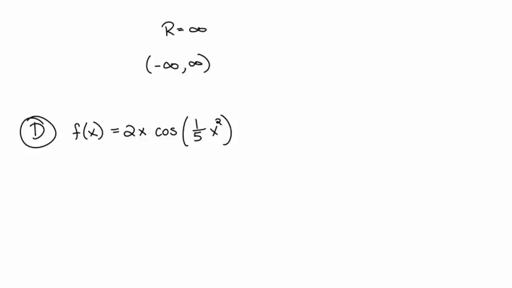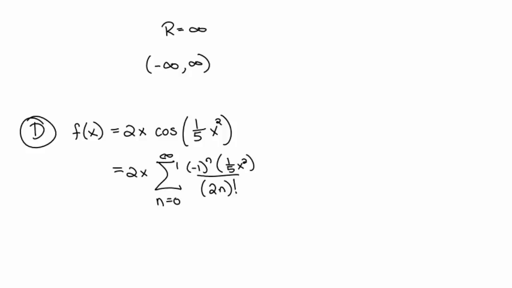If you're given a function that's the product of a polynomial times another non-polynomial function, you leave the polynomial part on the outside for the time being, and you say, well, I happen to know that if I had the cosine, it would be negative 1 to the nth, normally, times x to the 2n over 2n factorial, normally. That's if I was looking at cosine of x. But I'm not looking at cosine of x. I'm looking at cosine of 1/5 x squared.